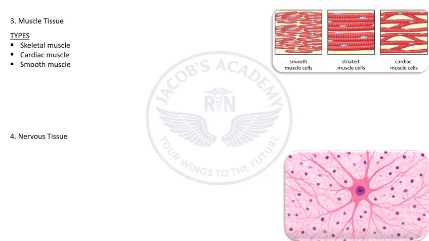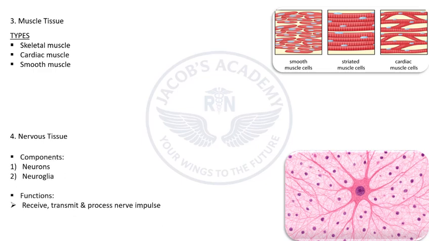Next we'll see nervous tissue. The final type is nervous tissue, which controls and coordinates all body activities. It is made up of neurons and neuroglial cells. Neurons are the cells that transmit electrical impulses, and neuroglial cells are the supporting cells that protect and nourish neurons.